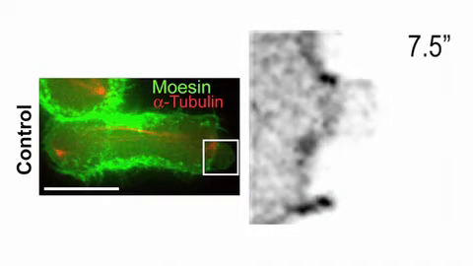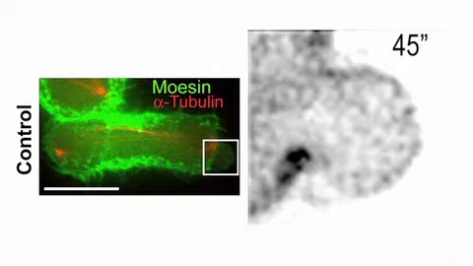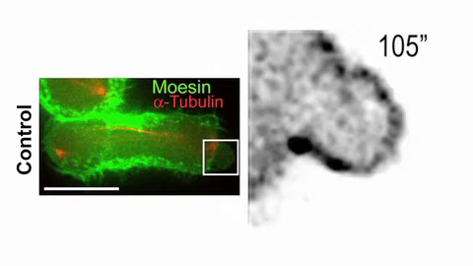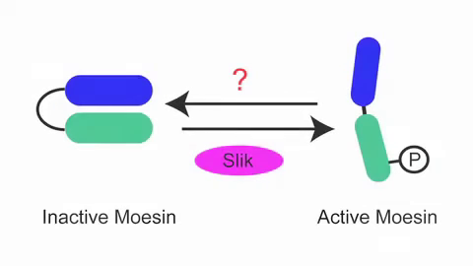You need to have less Moesin at the polar cortex than at the equator in order for the cell to elongate. But what is also important is to retract these blebs, and then Moesin comes back. This suggests that Moesin's localization and activity are tightly regulated.